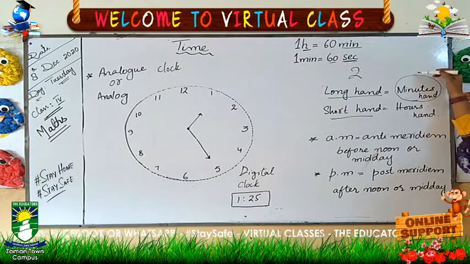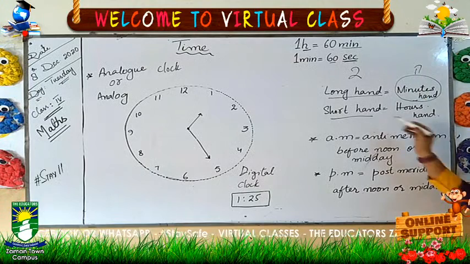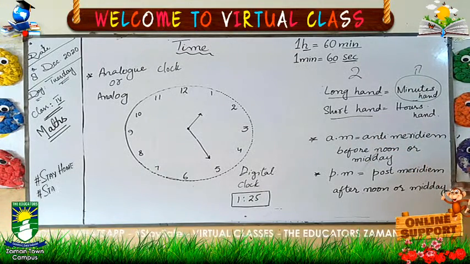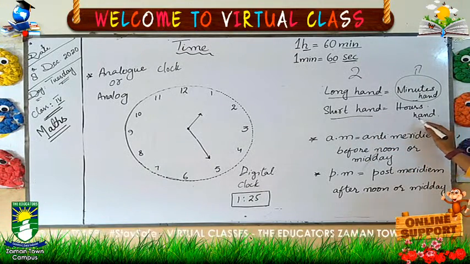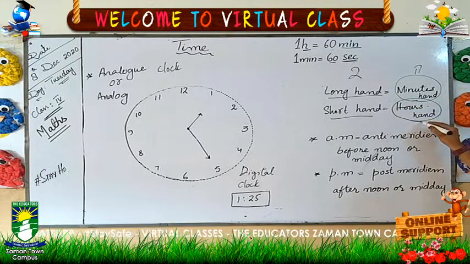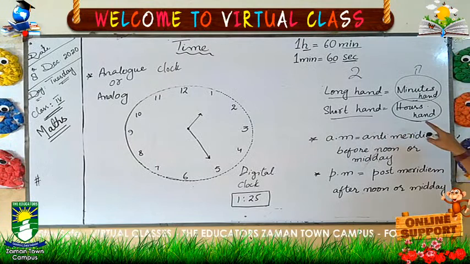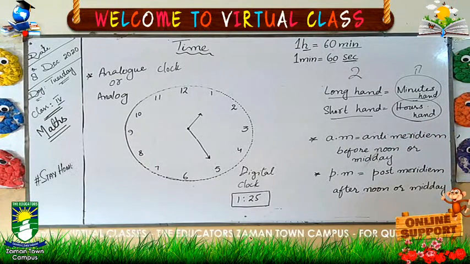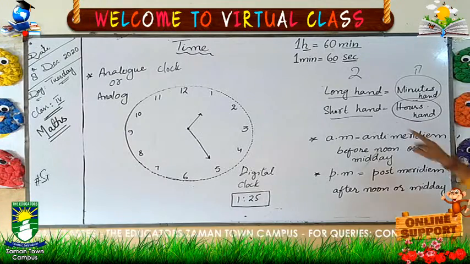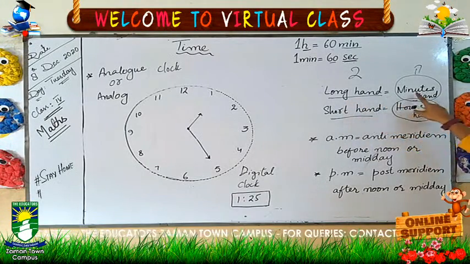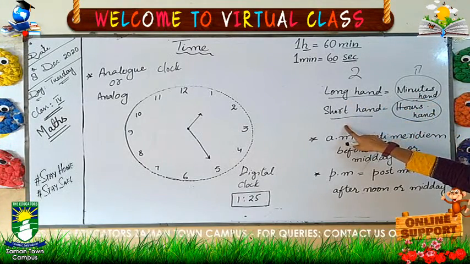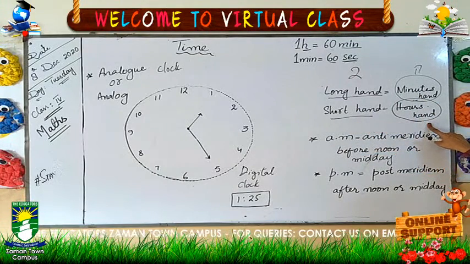It works for minutes. And the short hand works for hours, that's why it is called the hour hand. Long, minute. Short, hours. A clock has two hands. The long hand shows minutes and the short hand shows hours.